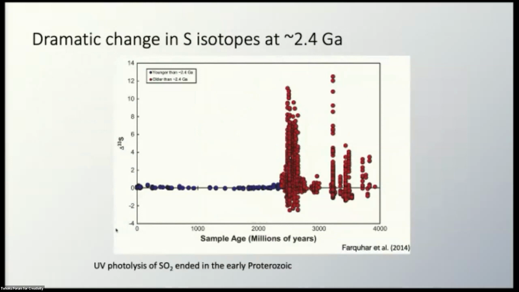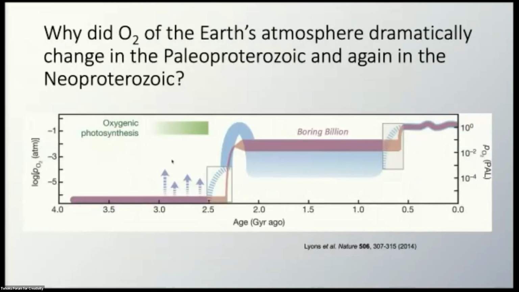These mass independently fractionated isotope ratios are a result of UV photolysis of sulfur dioxide in the atmosphere. And it indicates that UV radiation could penetrate through the whole atmosphere, unlike now, because it's absorbed now by oxygen and ozone in the stratosphere. So this is an indication of oxygenation in the atmosphere rather suddenly at the end of the Archean.